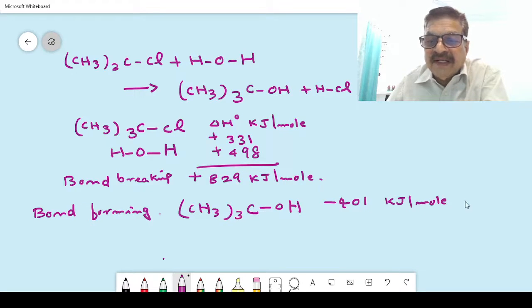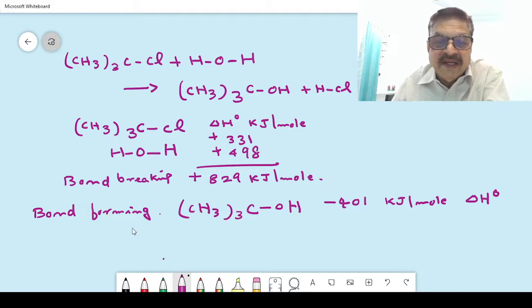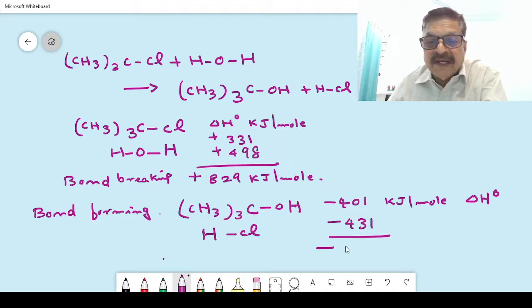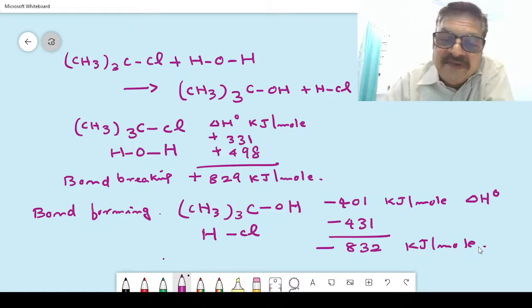This is the delta H for forming this new bond. The other bond formed is HCl, which is seen to be 431. So in total it will be minus 832 kilojoules per mole. This is the delta H, the energy released in forming the bonds.